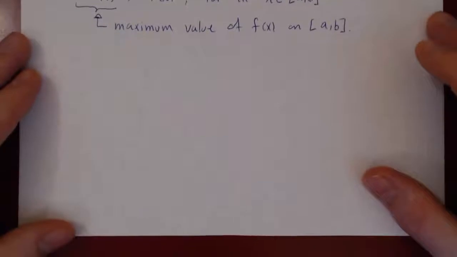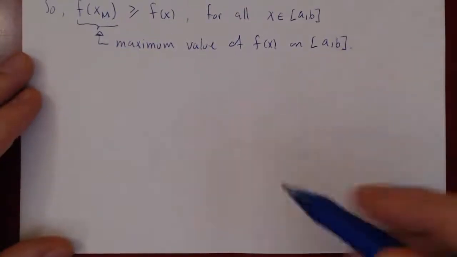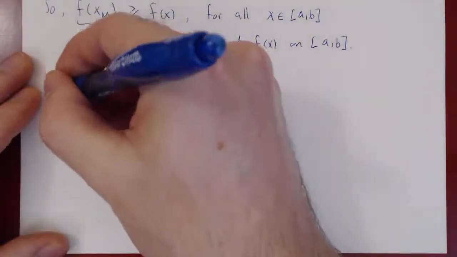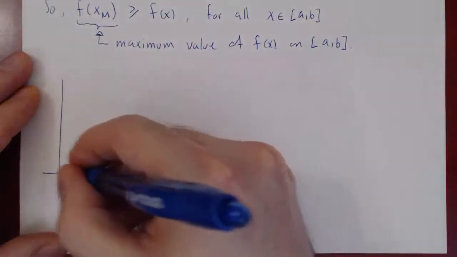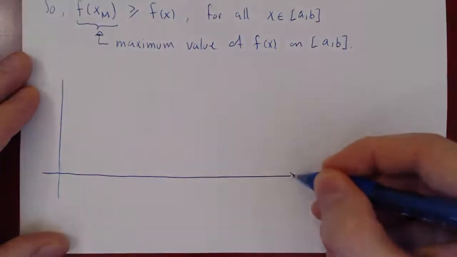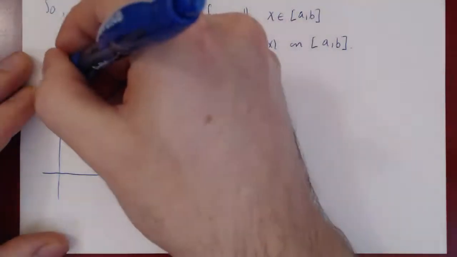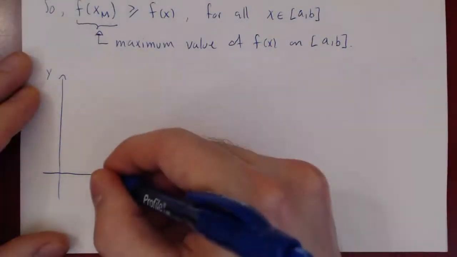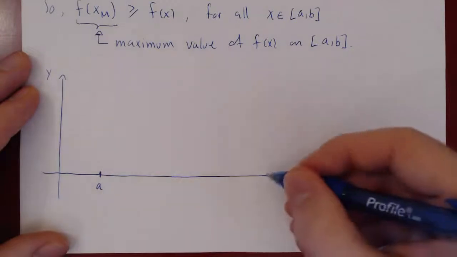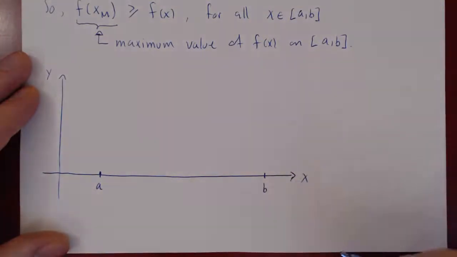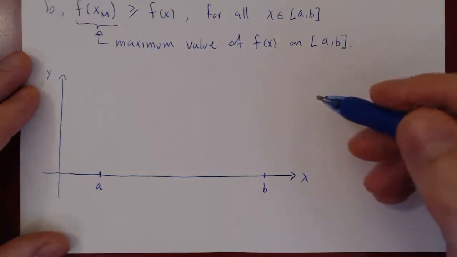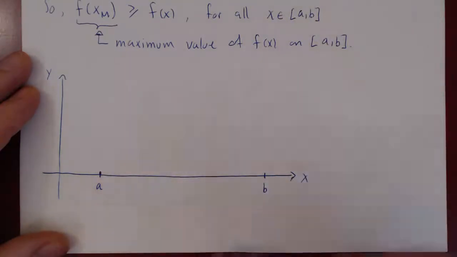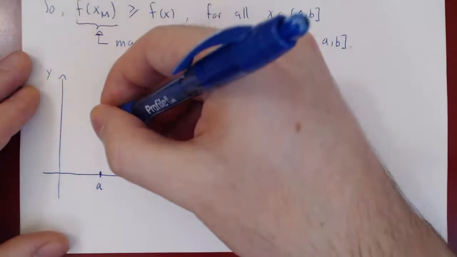So suppose we have the following picture. Your y and your x-axis. Just for argument's sake, we will assume that the values of a and b are positive. So suppose this is a, and suppose this is b. And now suppose we start our function y equals f of x, say, here, let's go with a positive value.